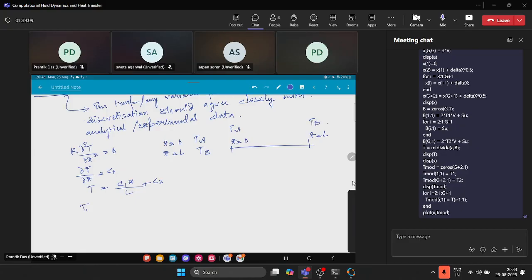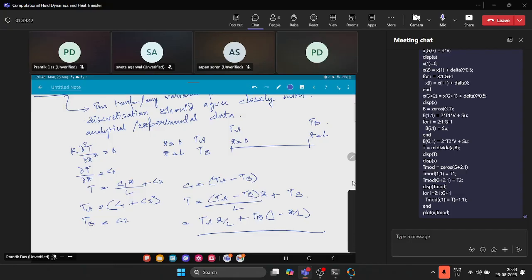Then TA is equal to C2 and TB is equal to C1 plus C2, so C1 is TB minus TA. T is then equal to TA plus (TB minus TA) x by L, which can be written as TA (1 minus x by L) plus TB x by L.